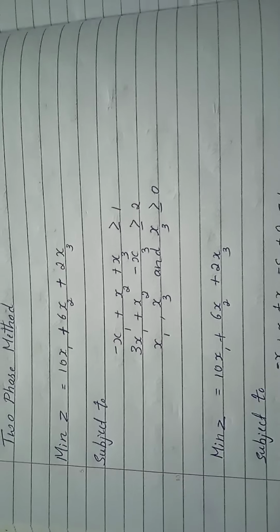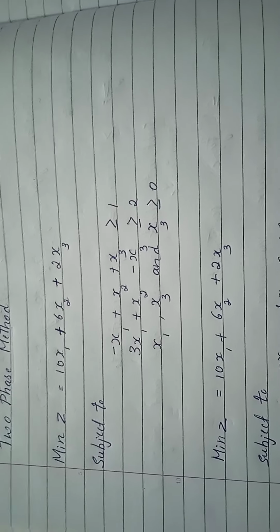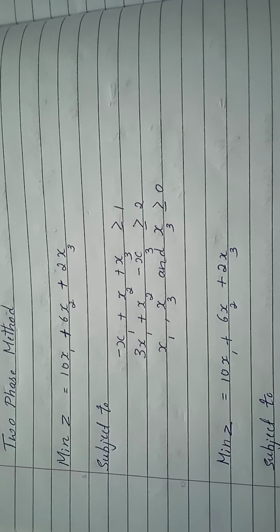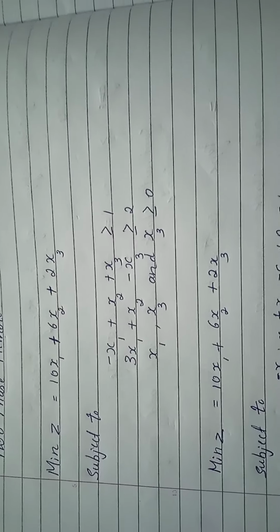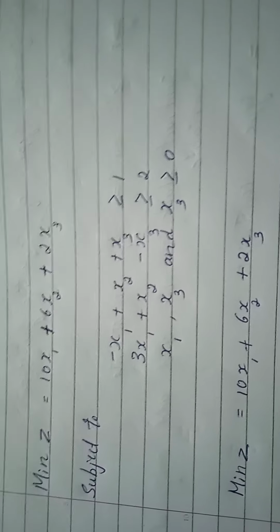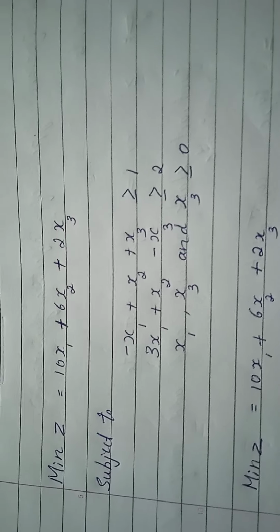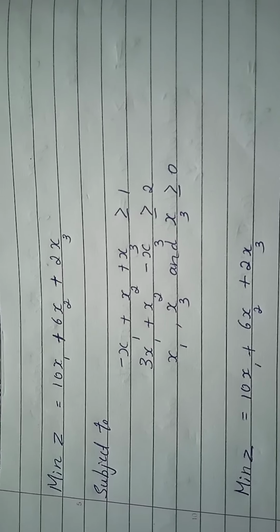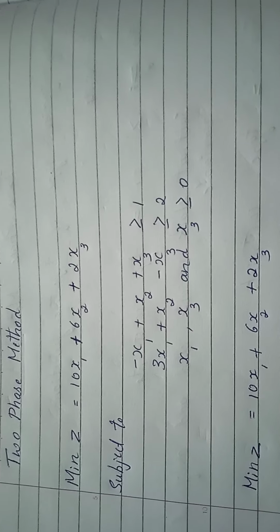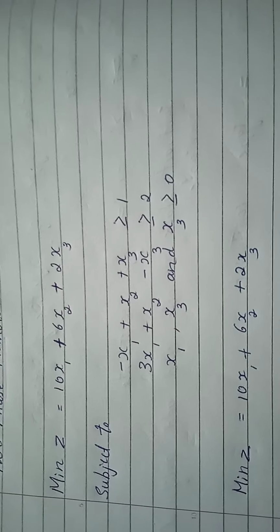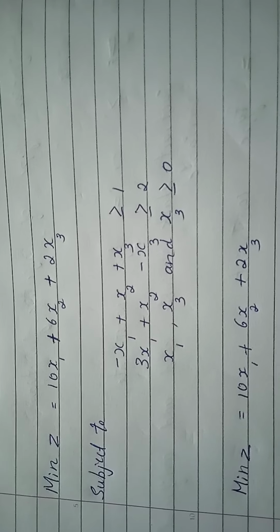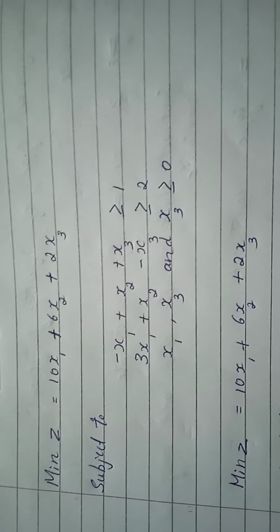Minimization of z equal to 10x1 plus 6x2 plus 2x3, which is subject to the constraints. As previously I told you, we have a minimization problem, so we don't have to convert it again. In case we had got a maximization equation, then we would have had to convert it into a minimization equation.